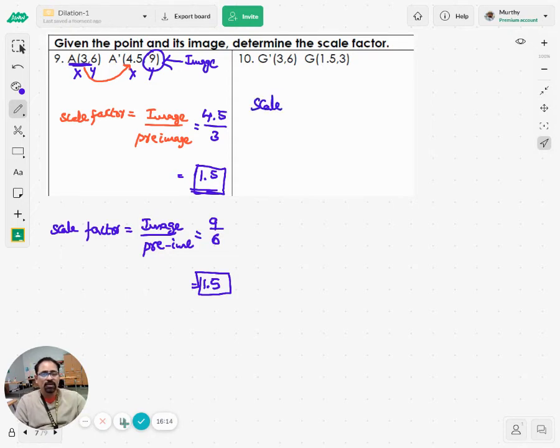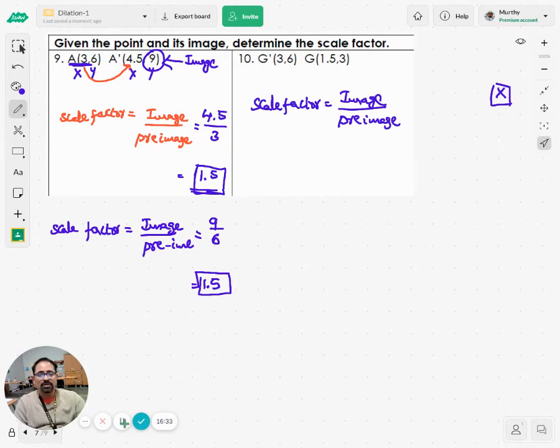Here, scale factor equals image over pre-image. Don't forget image over pre-image. I'm taking x values and checking.